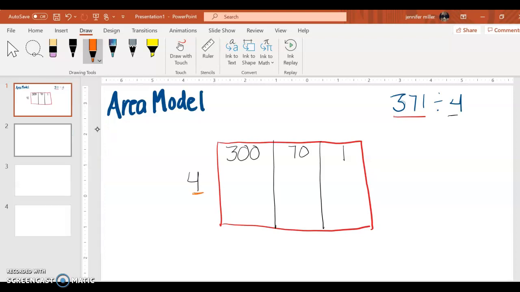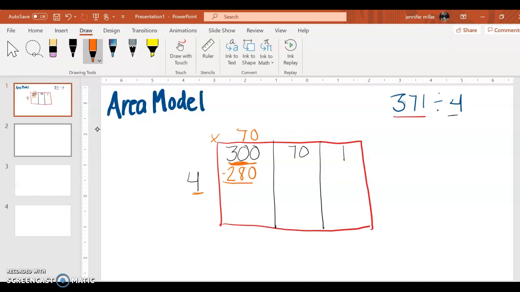So I start out looking at the 4 and the 300. I have no idea how many times 4 goes into 300, but I do know that 4 goes into 30 7 times. So I can think 7 tens, and 4 goes into 370 times. I know that 4 times 7 is 28, so I know that 4 times 70 is 280.